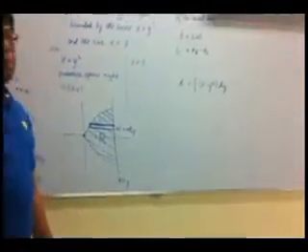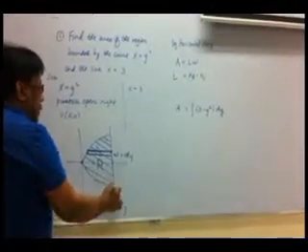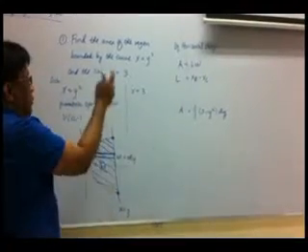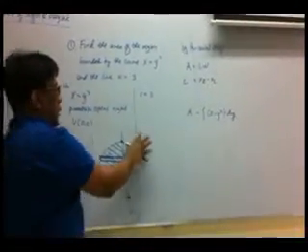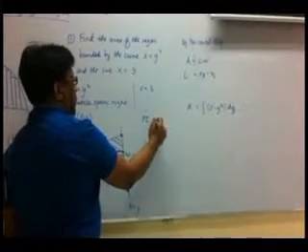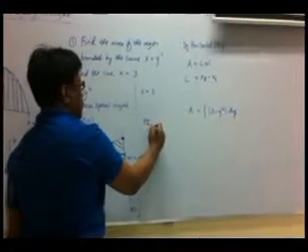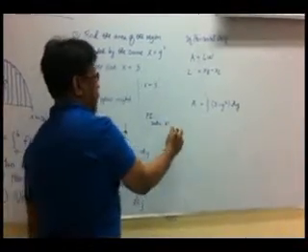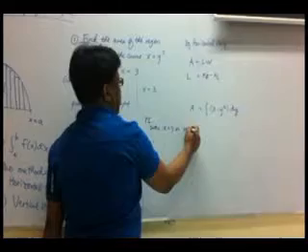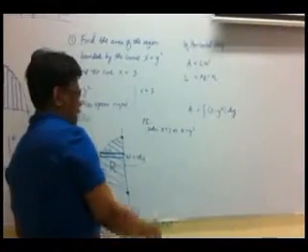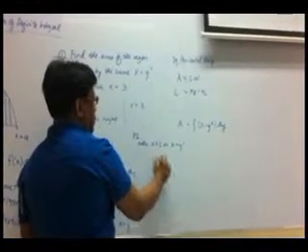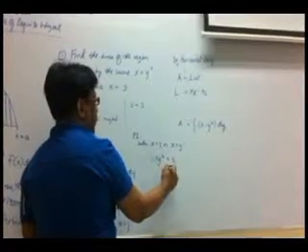And then, what about its limits? For its limits, let us identify the 2 points of intersection of the line x equals 3 and the curve x equals y squared. So how do we determine the point of intersection? We will just substitute the value x equals 3 in the given equation of the parabola x equals y squared. So when x equals 3, y squared equals 3. So what is that y?